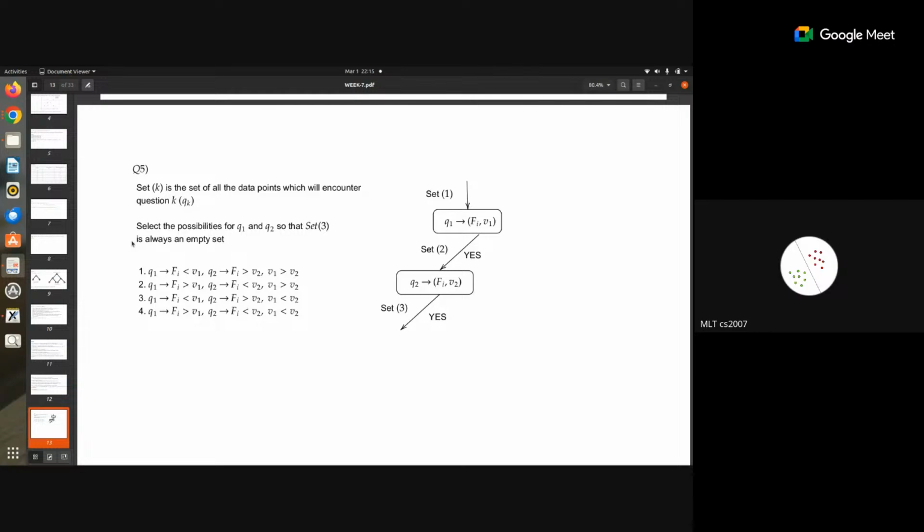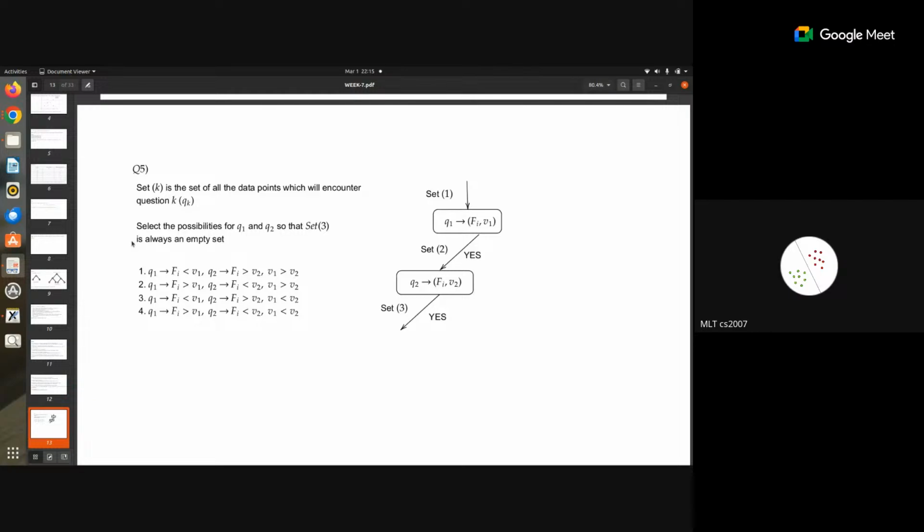Greater than V1, less than V2. The second one seems to be incorrect. Fi is greater than V1 and then Fi is less than V2, and V1 is greater than V2. Let's say Q1 is Fi greater than V1, and Q2 is Fi less than V2.